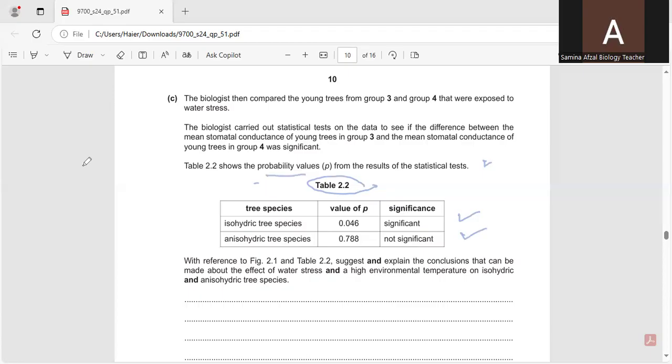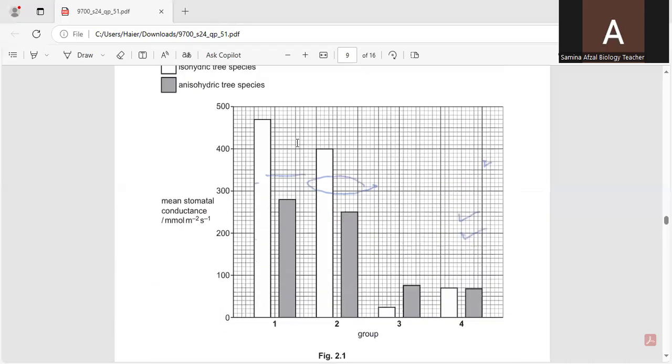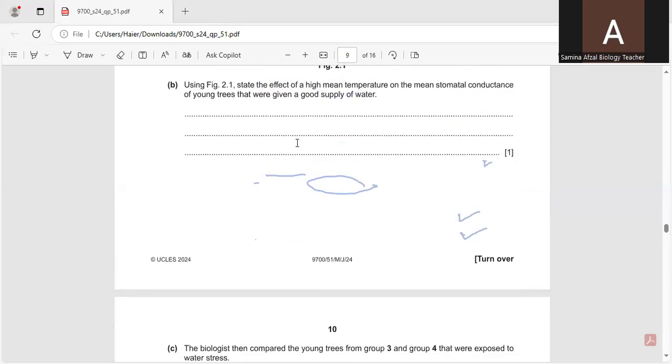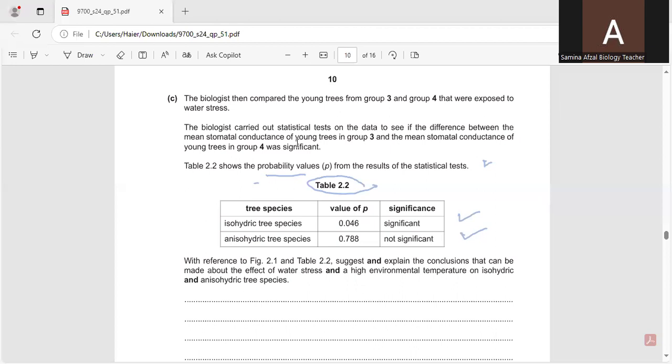Now with reference to figure 2.1, which was a bar graph, this is the figure 2.1 and this is the figure 2.2. Suggest and explain the conclusions that can be drawn about the effect of water stress and a high environmental temperature on isohydric and anisohydric species.